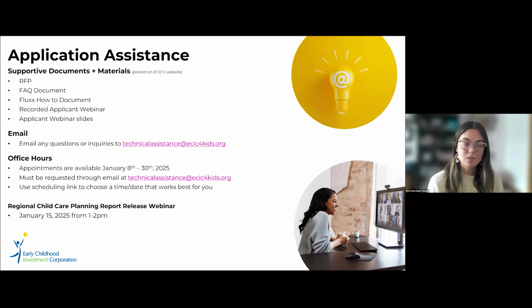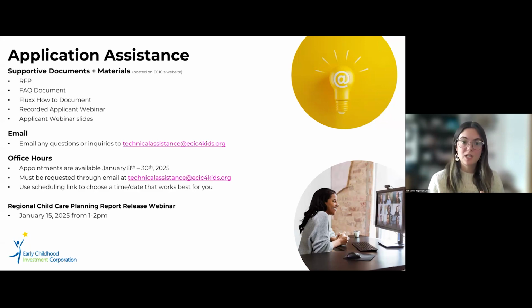We are starting office hours appointments tomorrow, and they will run from tomorrow through January 30th, which is the day before the application closes. You have to email us at technicalassistance@ecicforkids.org to request a link to our office hours appointments. We will send that to you for scheduling, and then you will be able to choose that time and date that works best for you, and it helps save us a lot of back and forth, and hopefully it makes it easy on you to get a time slot with us.